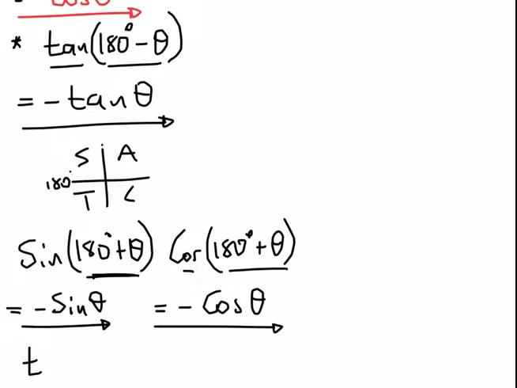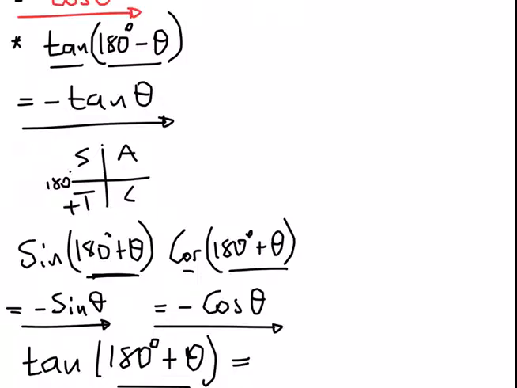So now again, let's do tan of 180 degrees plus an angle. In which quadrant does that angle fall? Quadrant 3. In quadrant 3, is tan positive? Yes. So that means this one becomes positive tan of an angle.